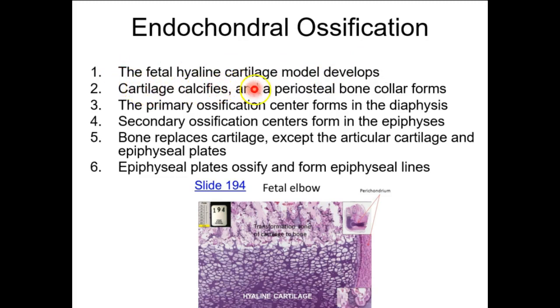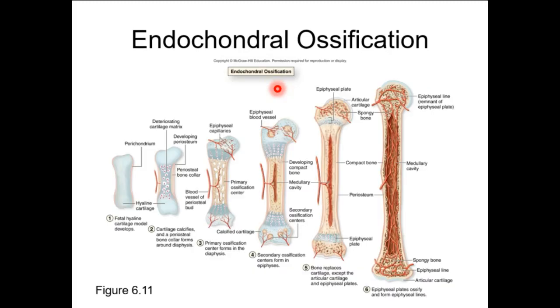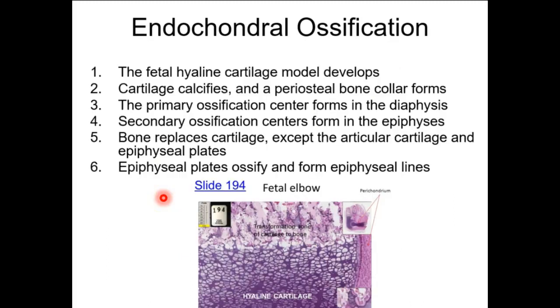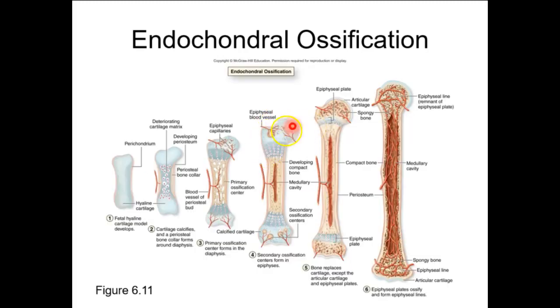The cartilage is going to begin to calcify. There's going to be a periosteal bone collar, and this is what they mean by periosteal bone collar. So it sort of develops a cortical or superficial bone collar, while ossification happens within the diaphysis first. Primary ossification center in the diaphysis with secondary ossification centers in the epiphysis.